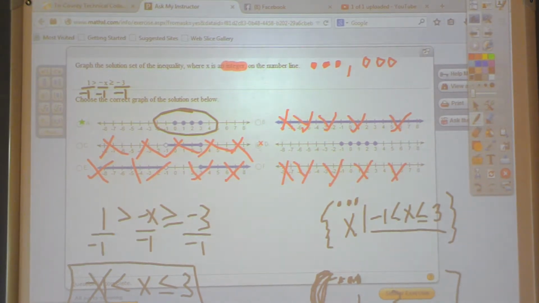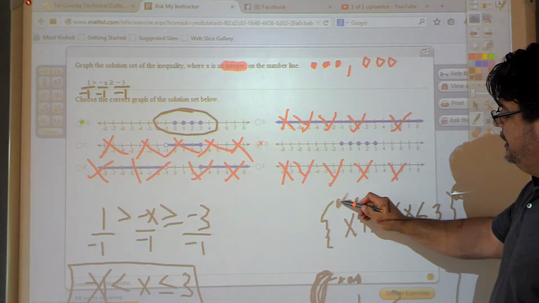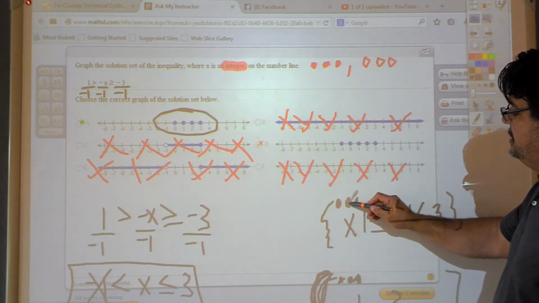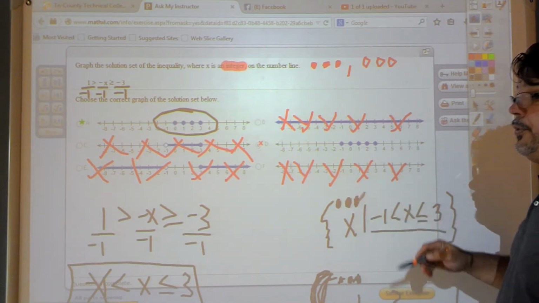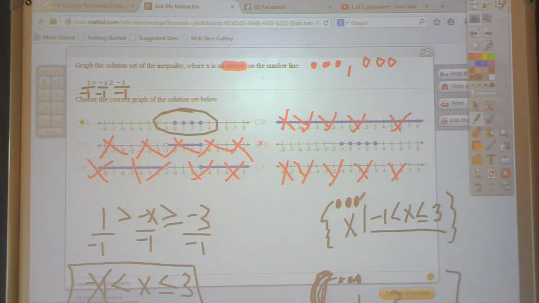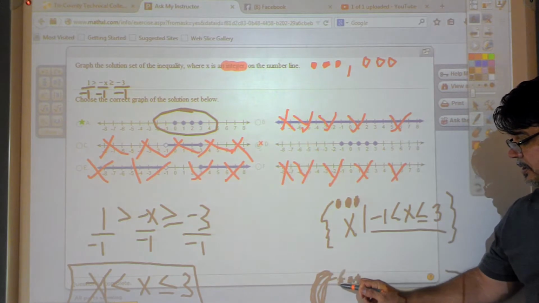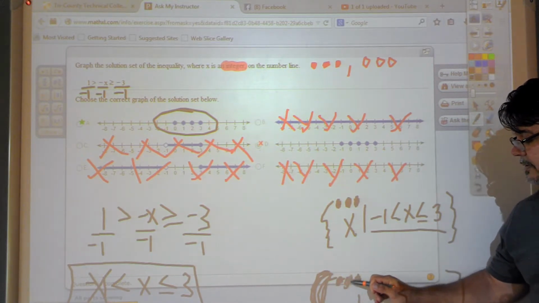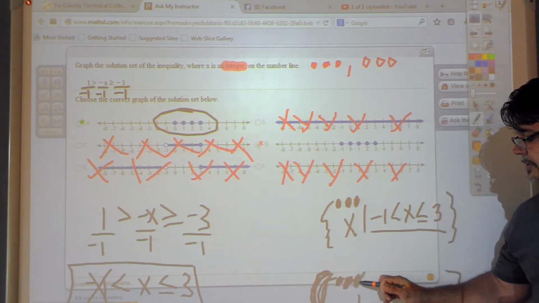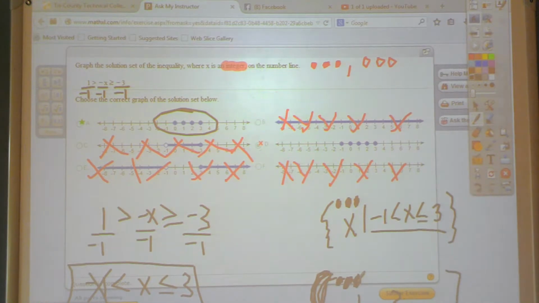So when you are dealing with integers, you have to make a distinction in your answer. In set builder notation, you put 3 dots or 3 open dots, it doesn't matter, just to tell the reader that you're talking about integers. And here, put 3 dots, and it tells the reader that you're talking about integers.